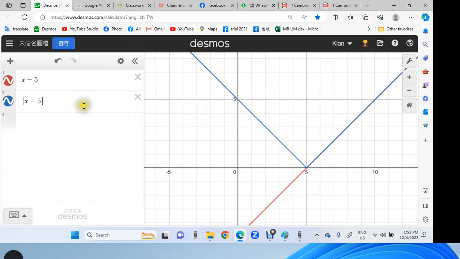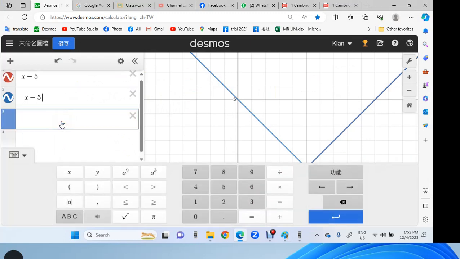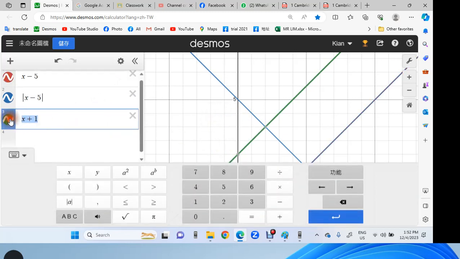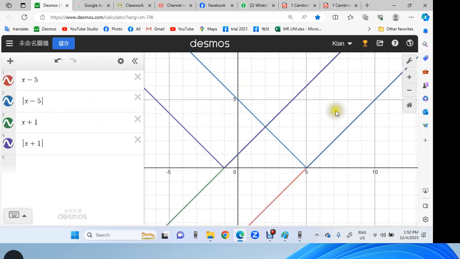So this is modulus x minus 5. Then the x plus 1, the graph looks like this. When we do the modulus, it will become something like this.